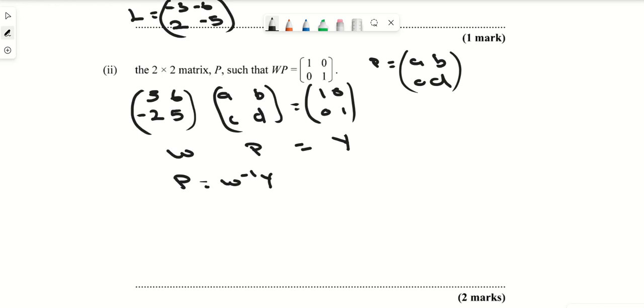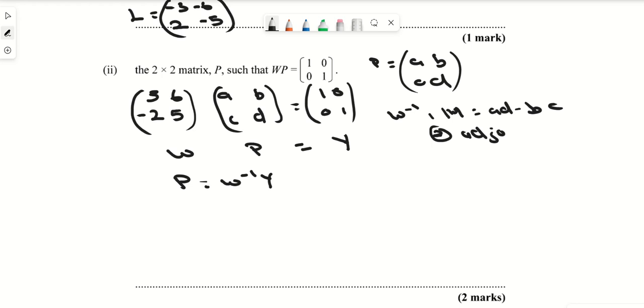Now, I am going to give you a formula for W inverse, which is going to make your life a lot easier. To find your inverse, it's a three-step process. First, you find your determinant of W, which would be AD minus BC. That's step 1. Step 2 is to find the adjoint.